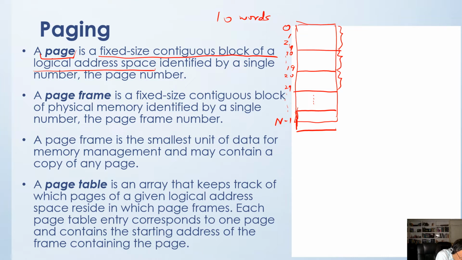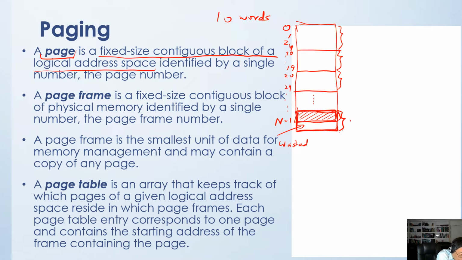But the last page may not exactly match the leftover memory addresses. Sometimes it may be a bit bigger than the leftover memory addresses. So that's the last page, which also contains 10 words, even though some of the space is wasted. That's the space that's wasted.